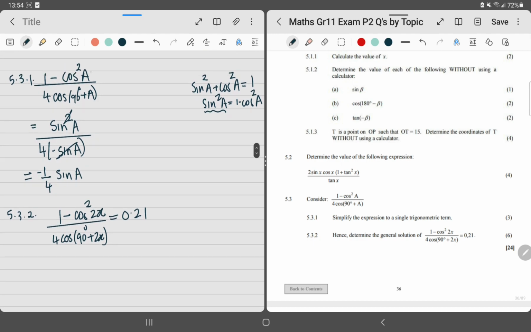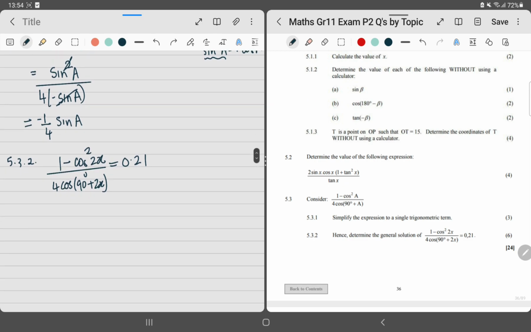Here we only had an a there, and we also had an a there. But here we have 2x. So our solution should be negative 1 over 4 sine of 2x, because we have 2 there. So this side is going to be negative 1 over 4 sine 2x.